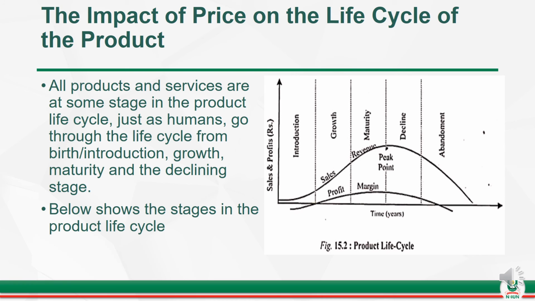An example of a product that was introduced a few years ago and had a very quick growth rate, early maturity, and rapid decline was the disco. However, to a large extent, sports bars and coffee houses have taken over disco clubs.